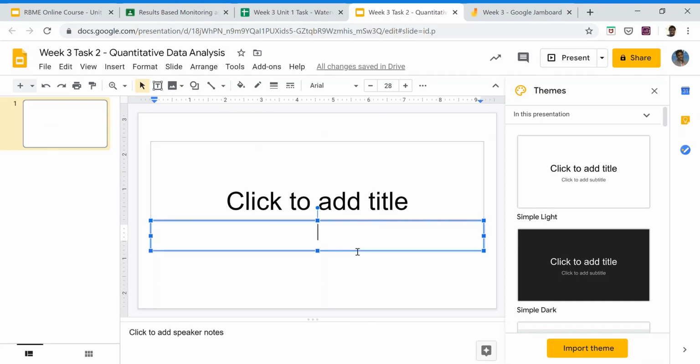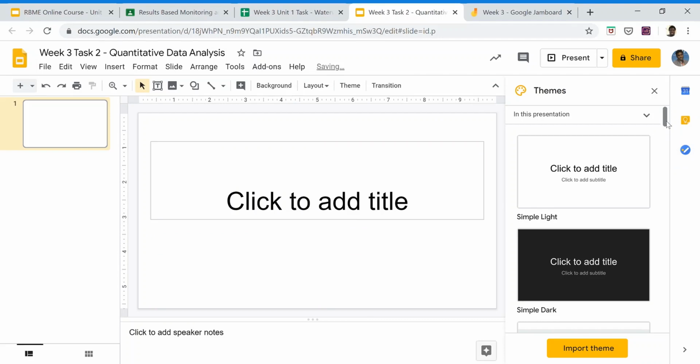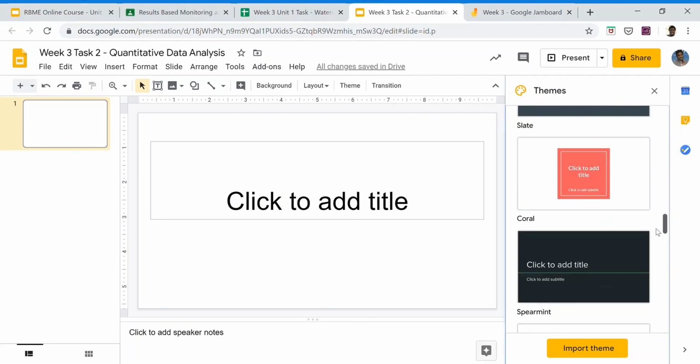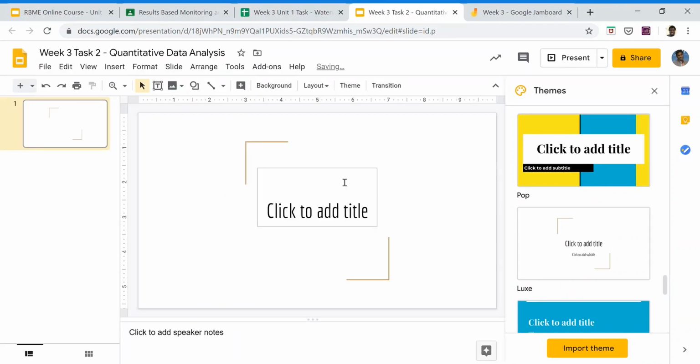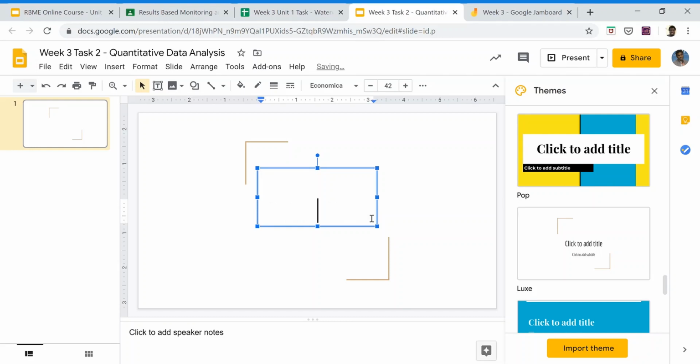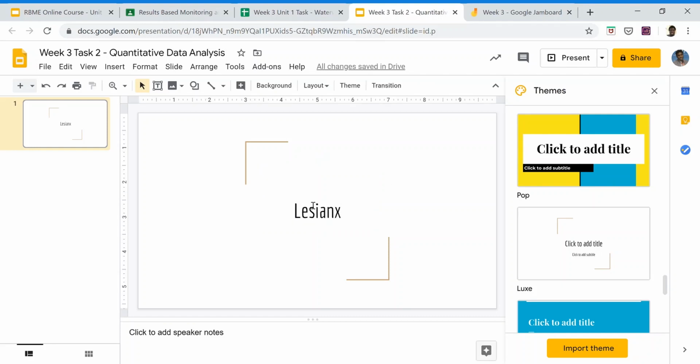So okay, I can do this. I can maybe look for a theme, set up a simple theme. Yeah, maybe something like this. Cool. And I put my name.